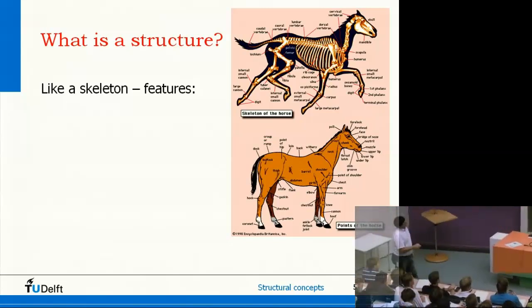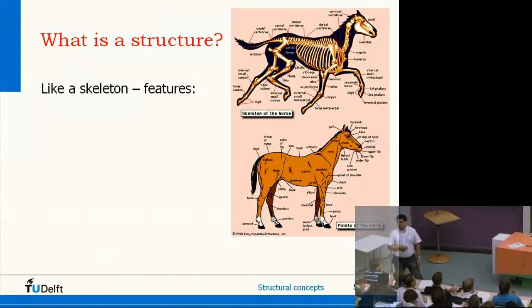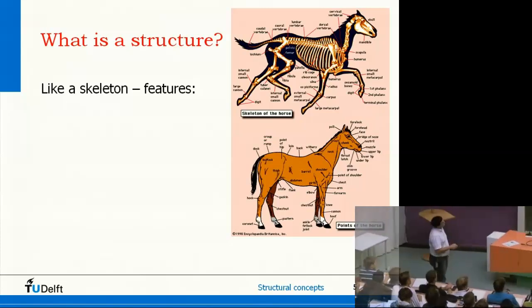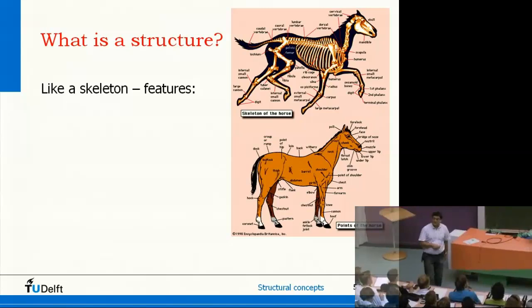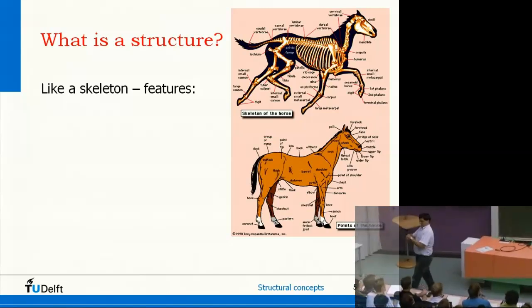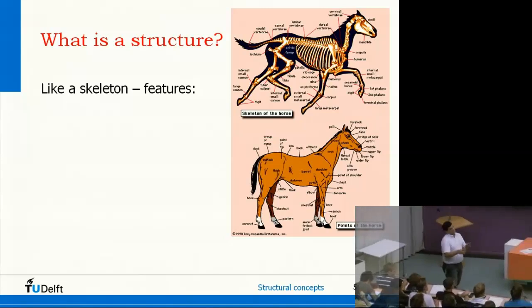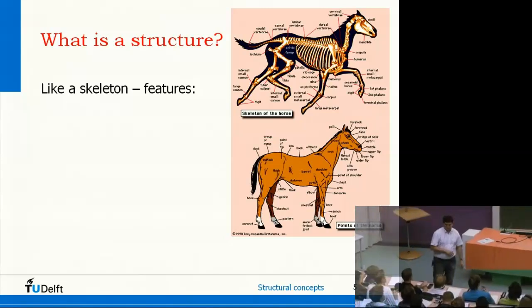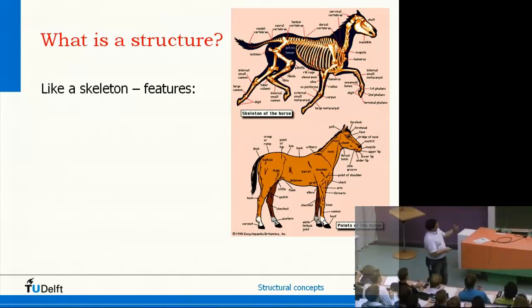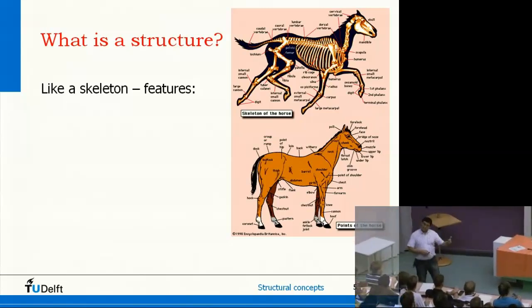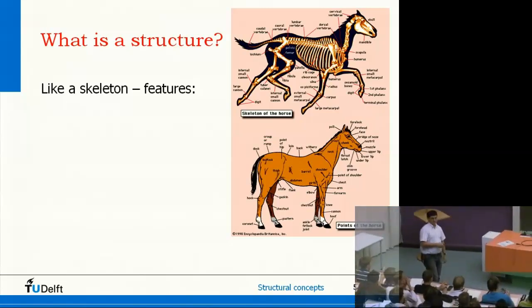You see there are also multiple elements in there. It's not just one bone, but multiple. Huge diversity in elements, small ones and big ones. It's not just a heap of bones, but they are nicely ordered, also connected, and so on. And, well, it's not visible from here, but I can assure you, also different materials are used.